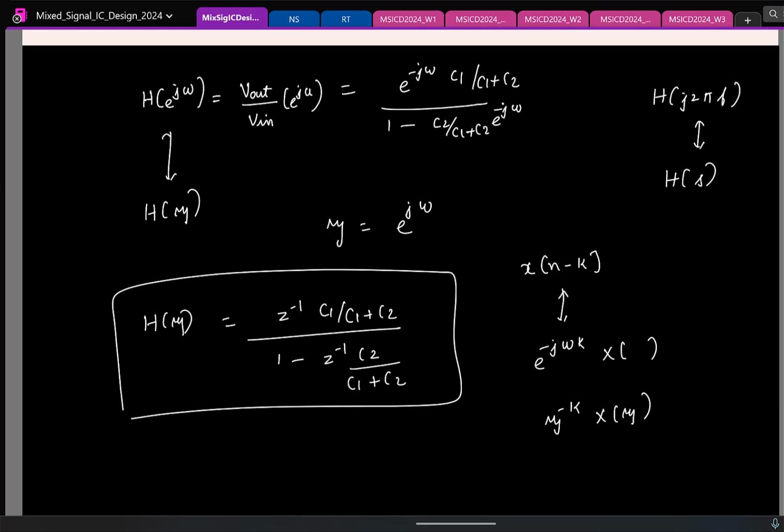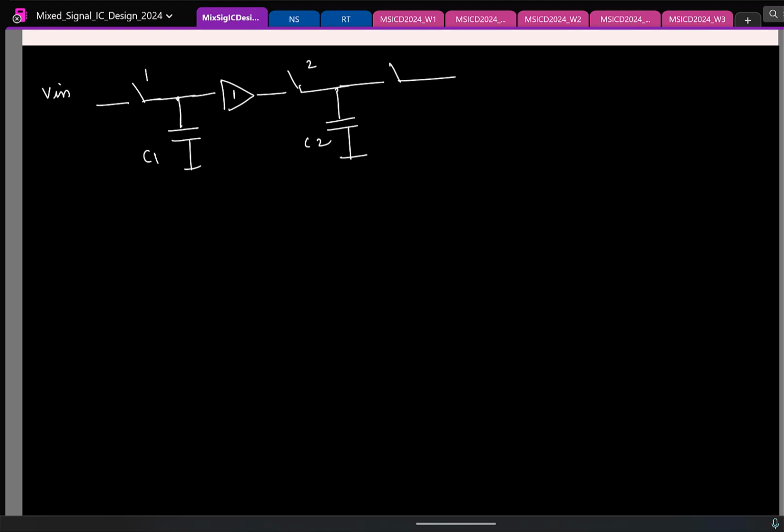Cool. So now let me look at one other example, my favorite example to confuse students. The triangle is a buffer, okay?